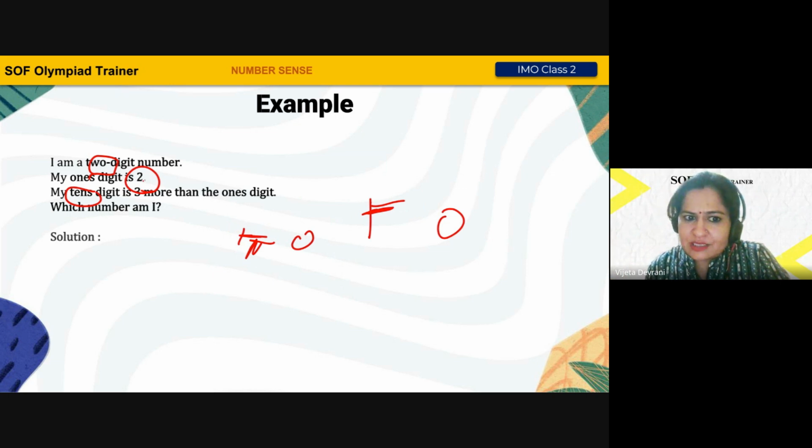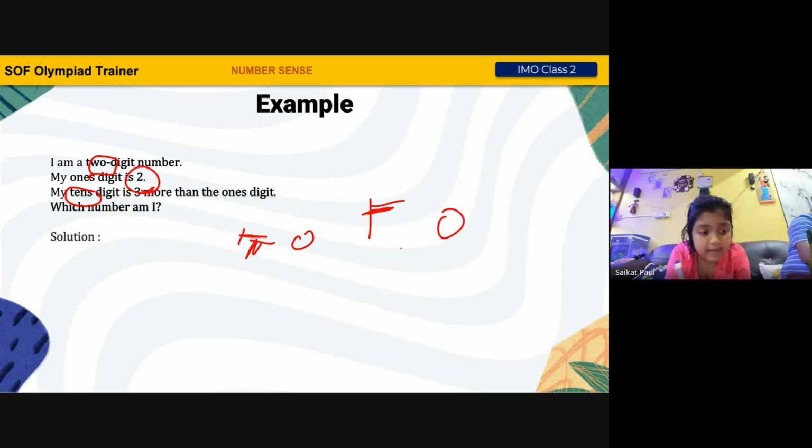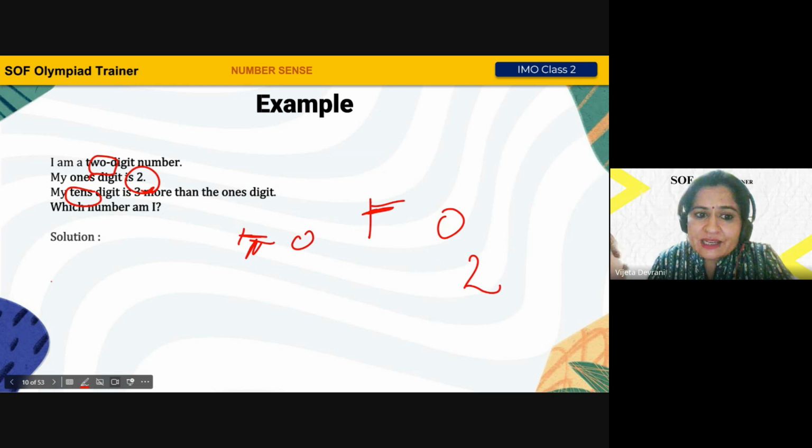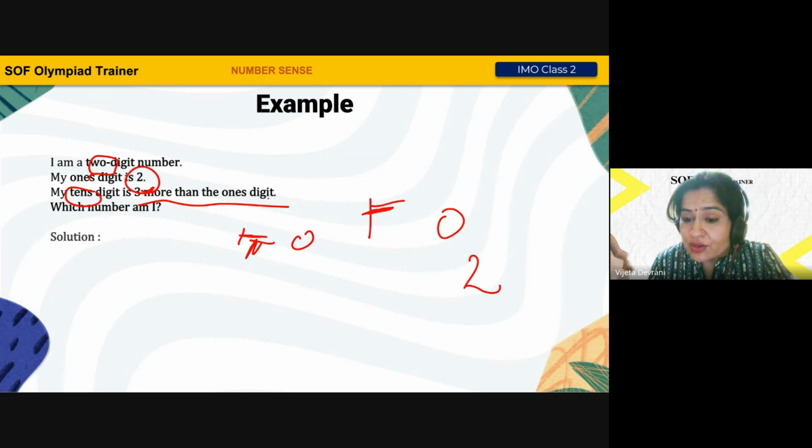The ones digit is 2. Where should I write 2? At ones place, right? Which is here. Correct. Very good. And what should I write under tens place? Read the next line. The next line says, my tens digit is 3 more than the ones digit.